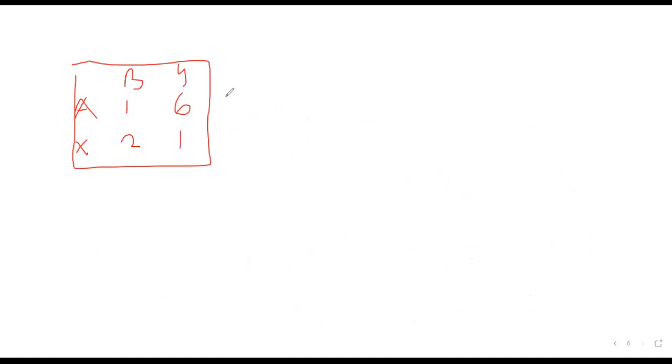So if you're given a contingency table like this one here, A, B, X, and Y, with values 1, 6, 2, and 1, what is the probability of A?